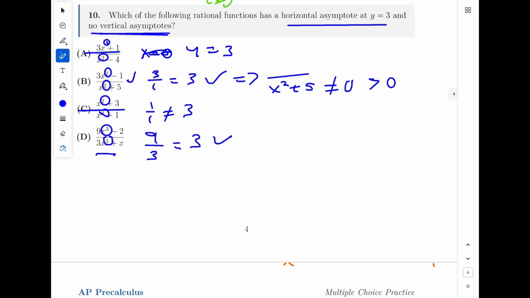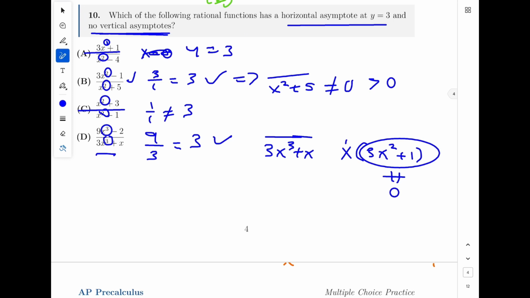And if you look at this one, which is 3x cubed plus x, if you factor the x out, you have x times 3x squared plus 1, and surely 3x squared plus 1 cannot be equal to 0, but then x can be 0 as well. So we have a vertical asymptote, so our answer is option B.